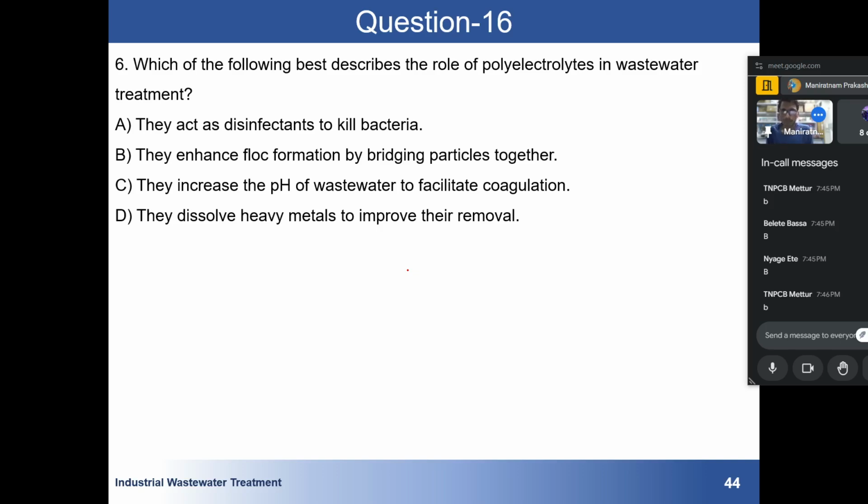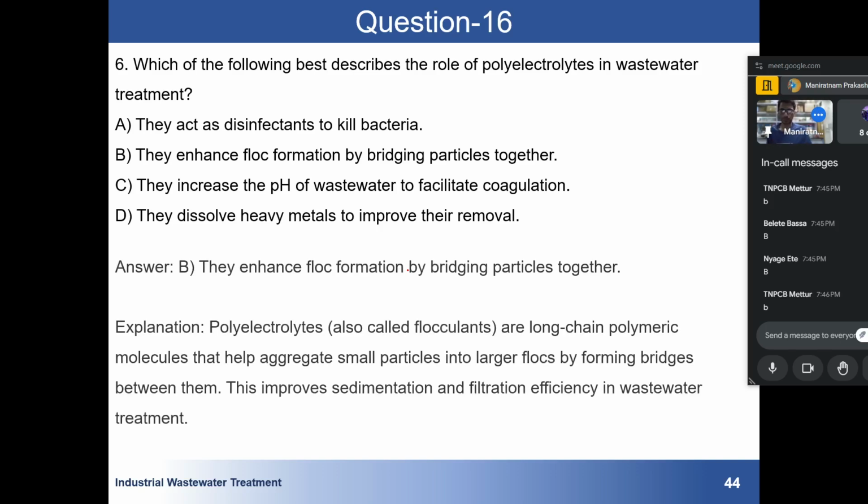Yes, the correct answer is B, that they enhance the floc formation by bridging the particles together. Polyelectrolytes, also called flocculants, are long-chain polymeric molecules that help aggregate small particles into larger flocs by forming bridges between them. This improves the sedimentation and filtration efficiency in wastewater treatment.